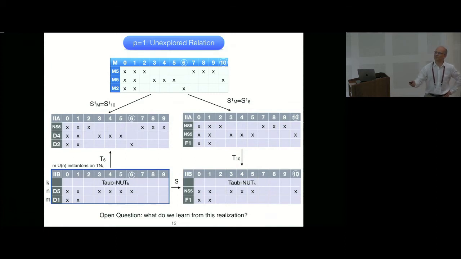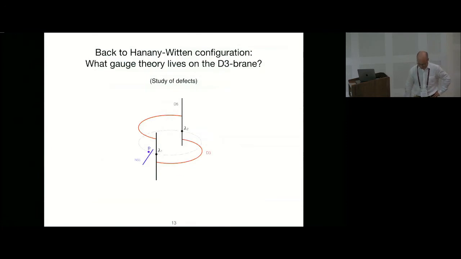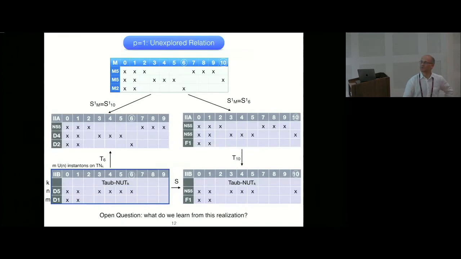Right. So, well, there's two games to play. So one game is the configuration we're interested in is string theory configuration. So the size of one of the circles, 10 or 6, can be as small as you wish. It's not the limit that you would want.